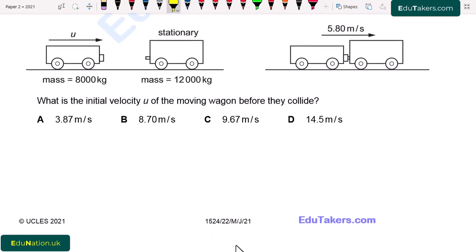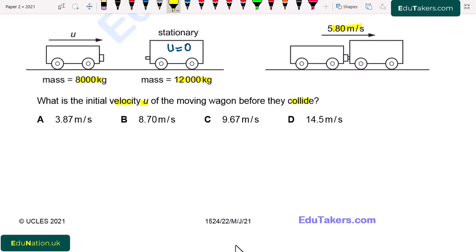The mass of the first wagon is 8,000 kg, while the second one has a mass of 12,000 kg. It is given that the second wagon is stationary. It means that its initial speed is equal to 0. Then after the collision, they move with a common velocity of 5.80 meter per second, which is given here. What is the initial velocity u of the moving wagon before they collide?